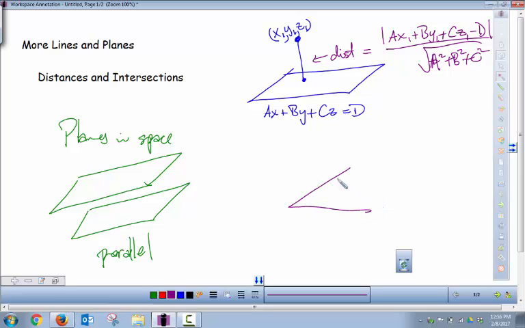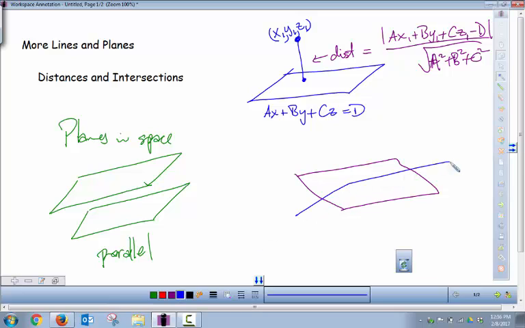Infinite planes. And when the planes intersect, what can you say about how they intersect, or where they intersect?